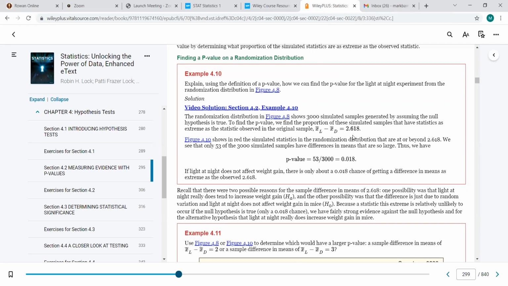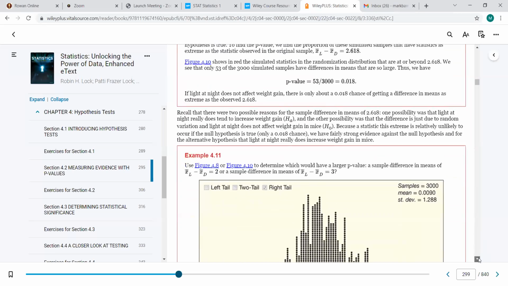Getting a sample as extreme as this, only 1.8% chance. So this supports the idea that we should reject the null hypothesis that the two means are the same, and we're going to support the idea that the light group's mean is bigger than the dark group's mean. Okay, so the smaller the p-value, the more support we have for the alternative hypothesis. That's the whole idea. Right?